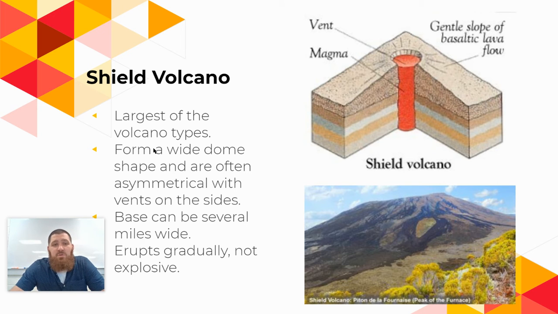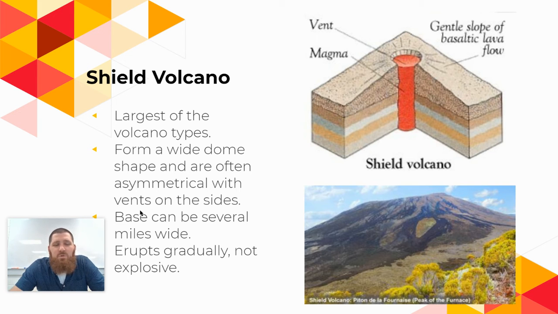There's a shield volcano. These are the largest types of volcanoes. They form a wide dome shape, and are often asymmetrical, which means that they're not going to look the same on either side. We can see that right here where it's a little off kilter.